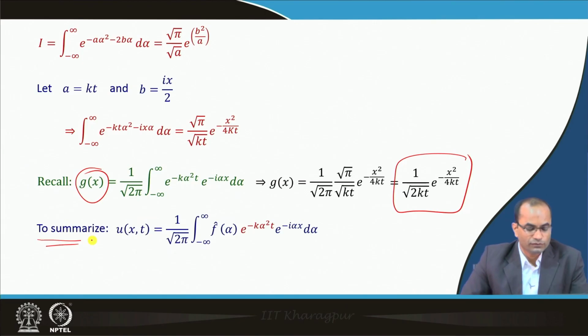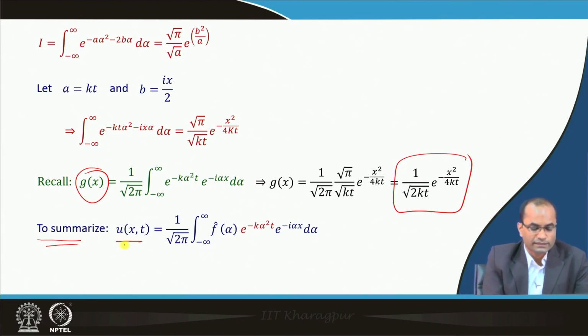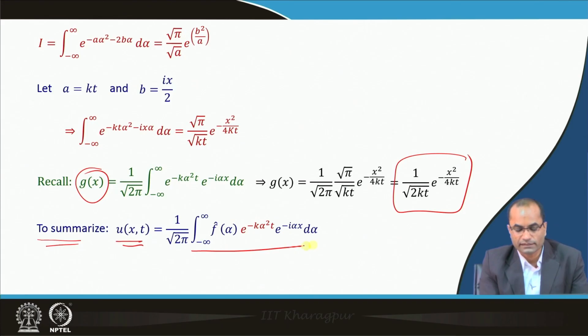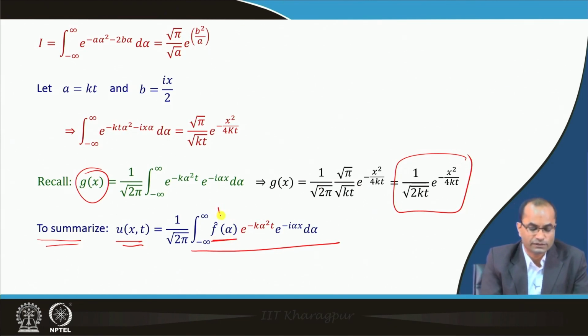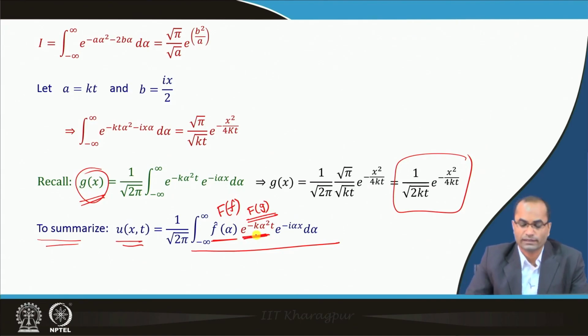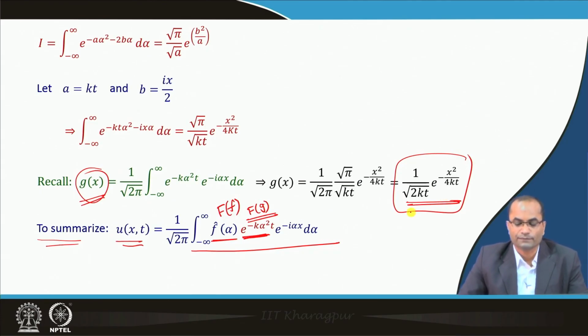Just to summarize again what we have done, our u x t was 1 over square root 2 pi and this integral. So, for this integral, to apply the convolution theorem, we have this f hat already, which is the Fourier transform of f, and this is the Fourier transform of g, and we have found now that the g whose Fourier transform is e power minus k alpha square t is this function here, 1 over square root 2 k t e power minus x square by 4 k t.